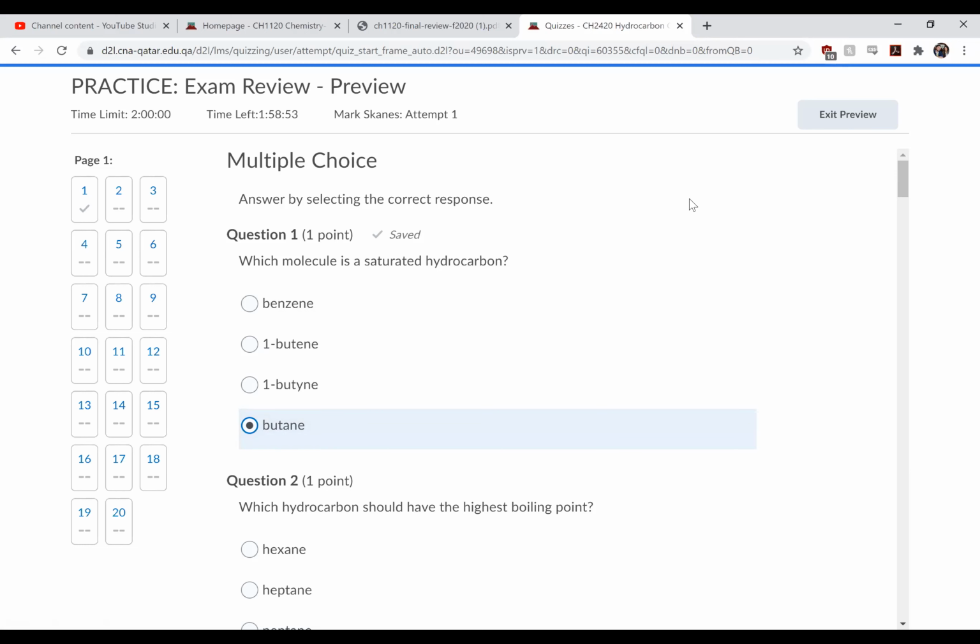So why is this butane? Well, a saturated hydrocarbon means it is full of hydrogens. The word saturated means completely full. So saturated means that it's full of hydrogens, which basically means it's an alkane. Remember, the questions are randomized, so you'll see different questions every time you practice this.